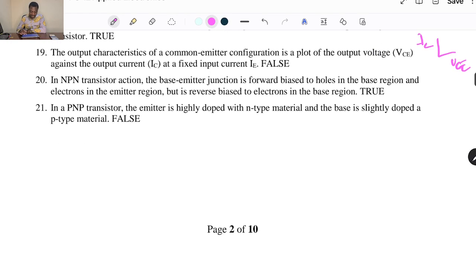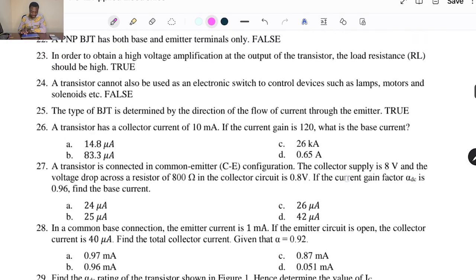Question 21, in a PNP transistor, the emitter is highly doped with N-type material, and the base is slightly doped P-type material, right? You can see that when the emitter is highly doped with N-type, that is wrong, it should be P-type. So the answer here is false.